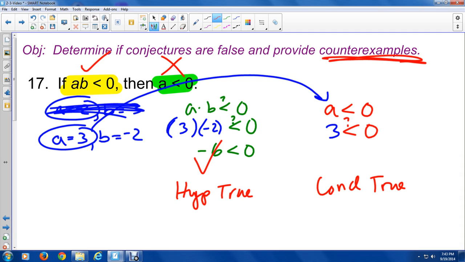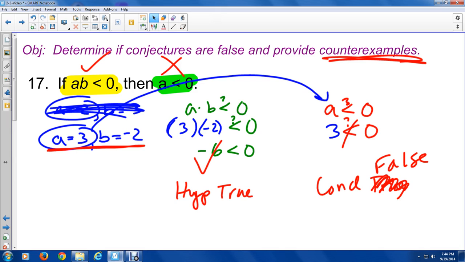No, 3 is not less than 0. 3 is a positive number, so 3 is certainly bigger than 0, and therefore my conclusion is false. Sometimes we show that just by putting a line through it. 3 is not less than 0. And if I have shown that my hypothesis is true, my conclusion is false, I now have a counterexample. So essentially, my counterexample is A equals 3 and B equals negative 2.